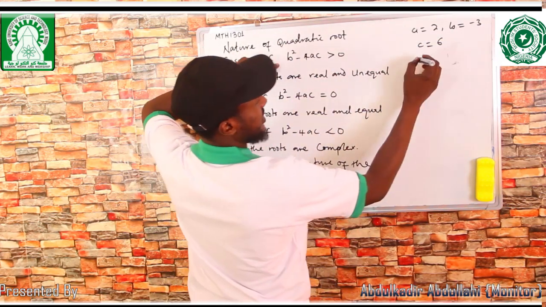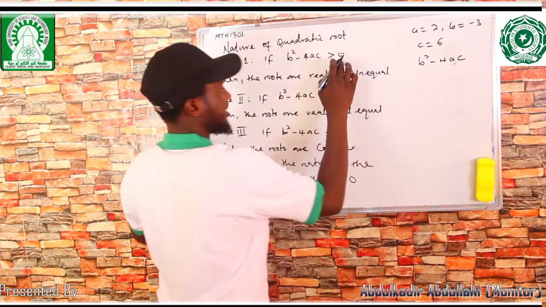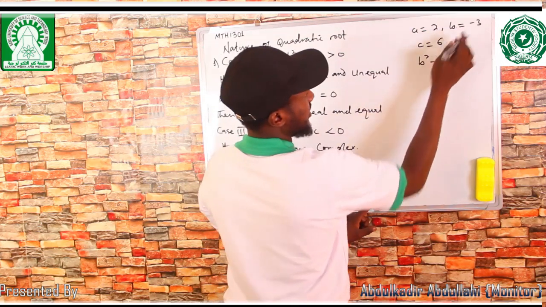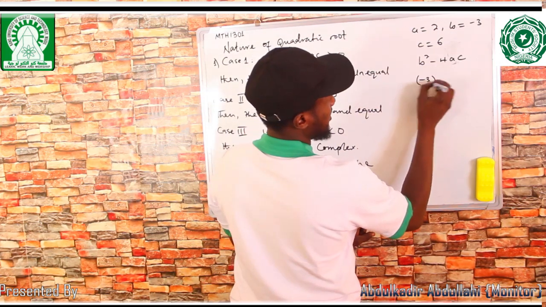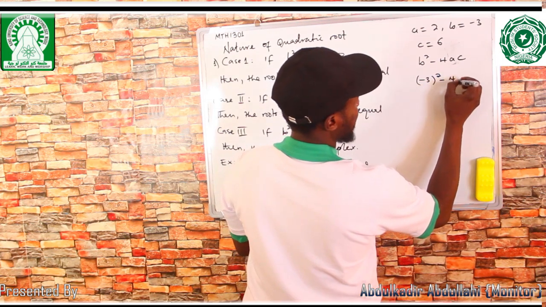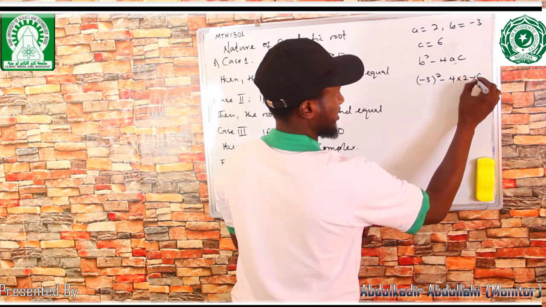Just check b squared minus 4ac to see whether it is less than 0, equal to 0, or greater than 0. Now our b is minus 3 squared, minus 4 times 2 times c, which is 6.